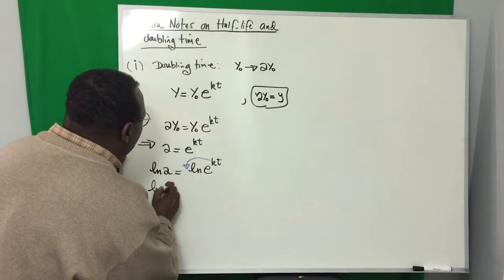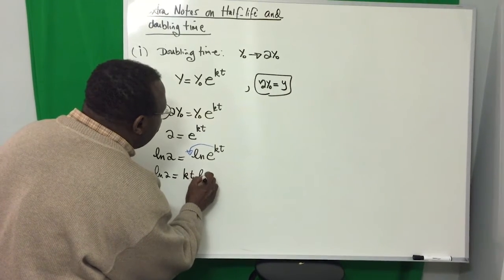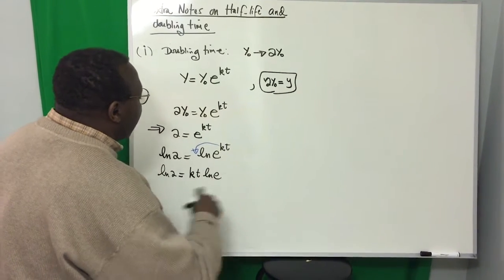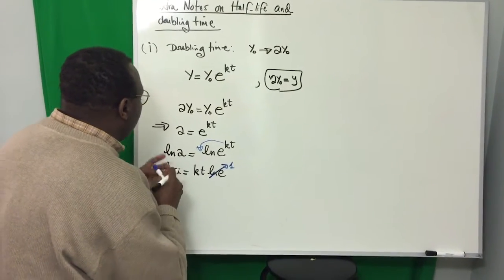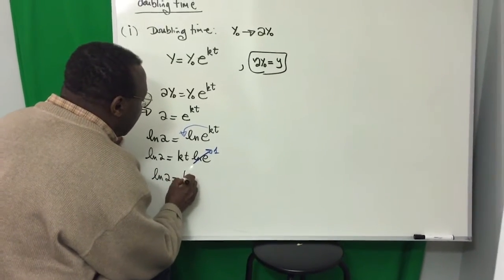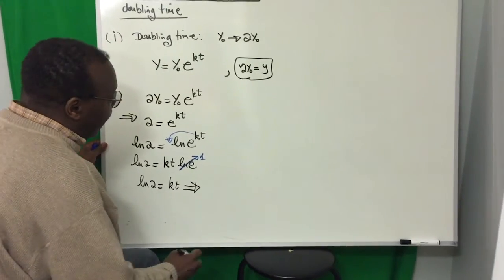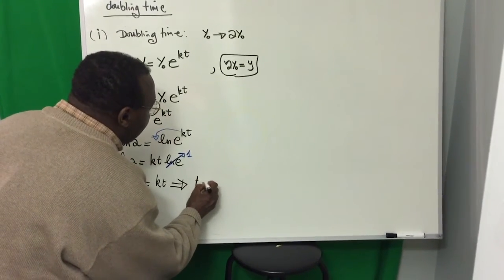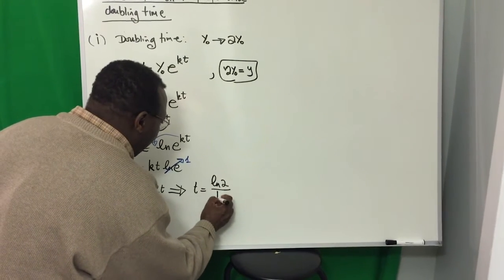And we have ln 2 is kt ln e. And now, this is 1. We end up with ln 2 is kt. Now divide by k, we have t is equal to ln 2 over k.